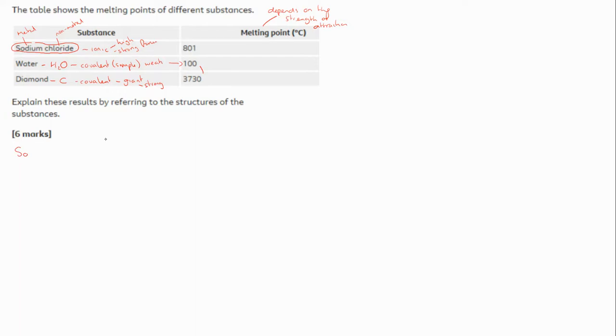Sodium chloride has a high melting point. This is because, and we need to say why in terms of the forces of attraction, it is an ionic compound.